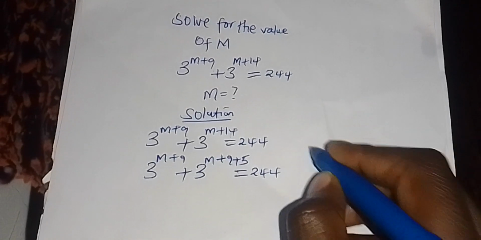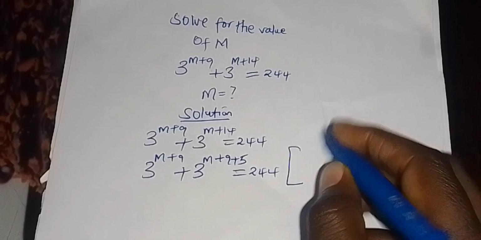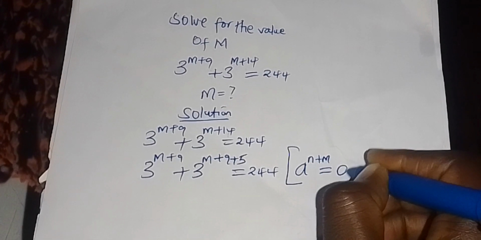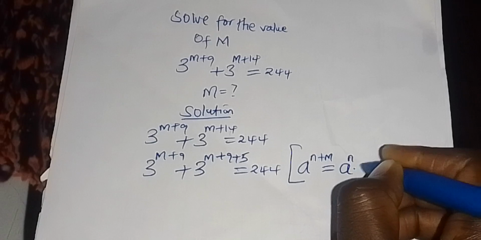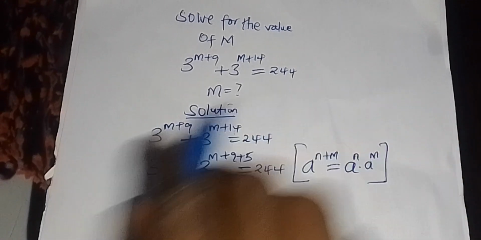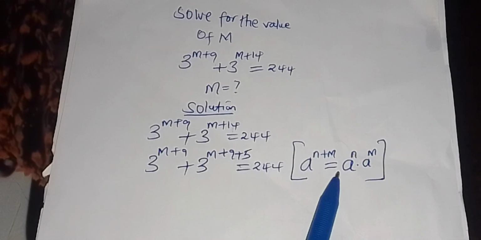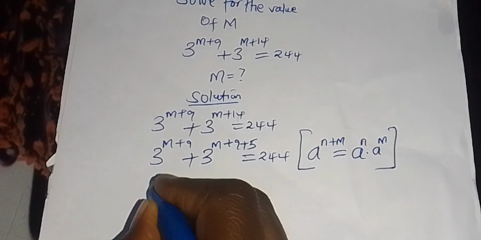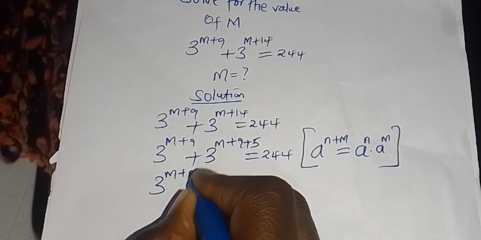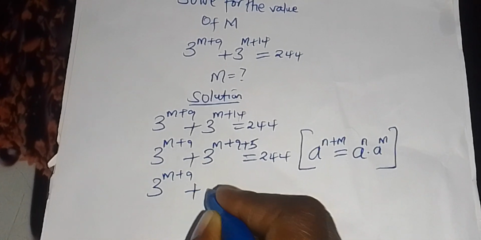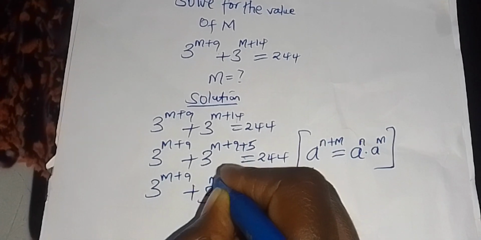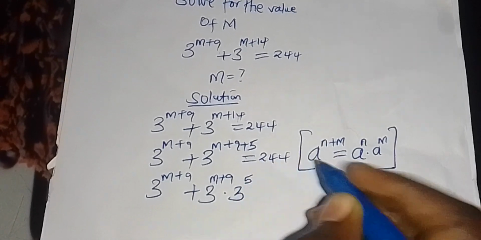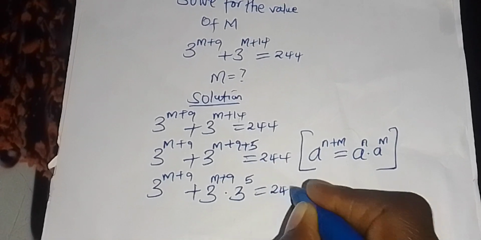Okay, so applying the indices property that states that a raised to power n plus m is supposed to give us a raised to power n multiplied by a raised to power m, we apply this identity to our equation, so that we'll have 3 raised to power m plus 9 plus 3 raised to power m plus 9 multiplied by 3 raised to power 5. This is supposed to give us 244.